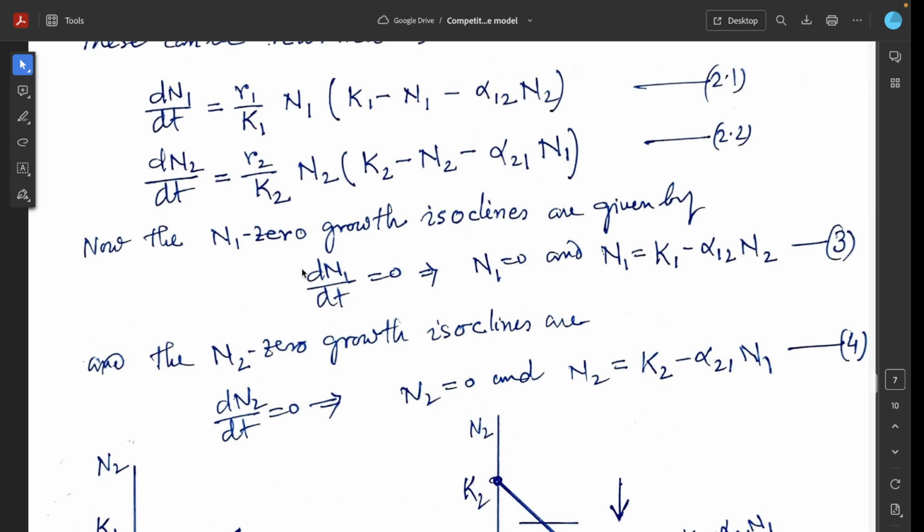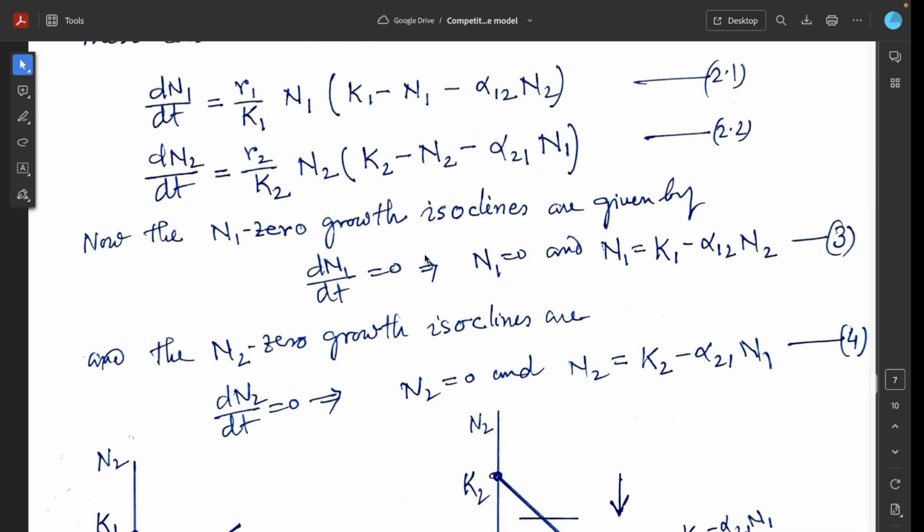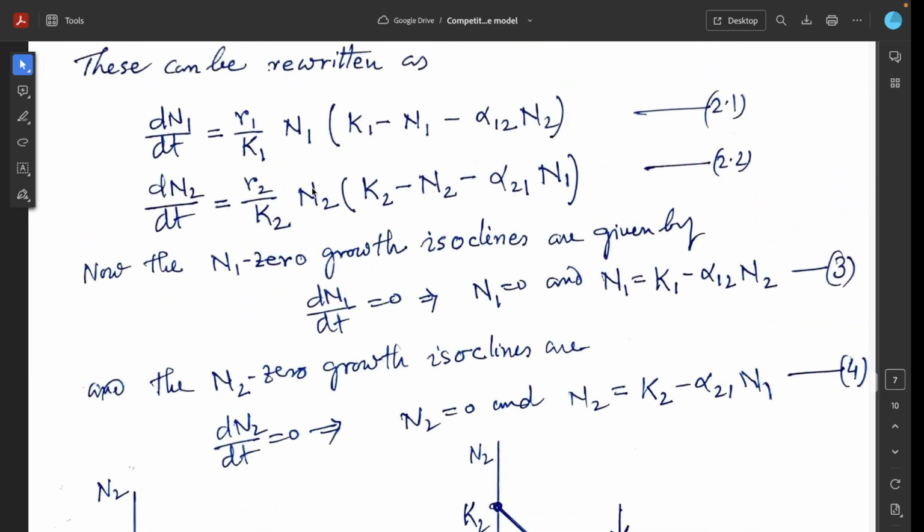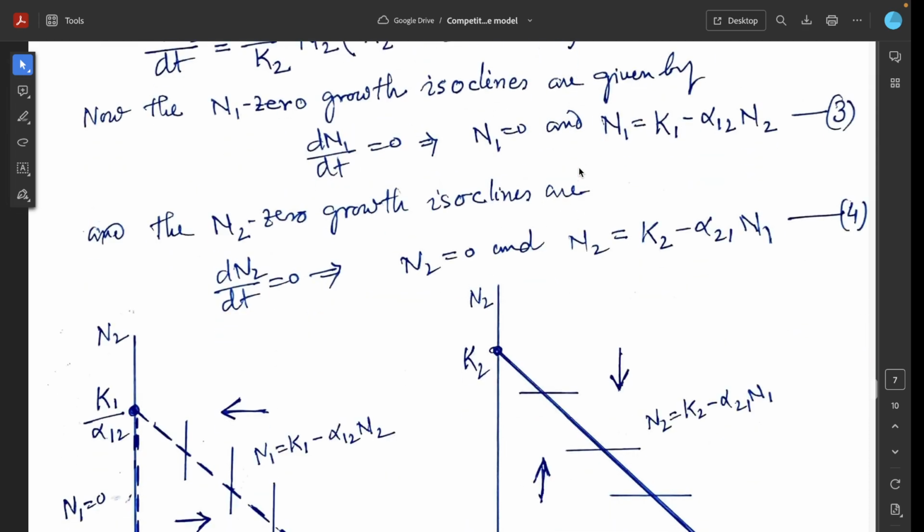The n2 zero growth isoclines, or nullclines, are dn2/dt equal to 0, which gives n2 equal to 0 or k2 minus n2 minus alpha21 n1 equal to 0.